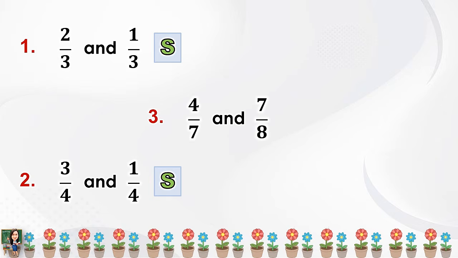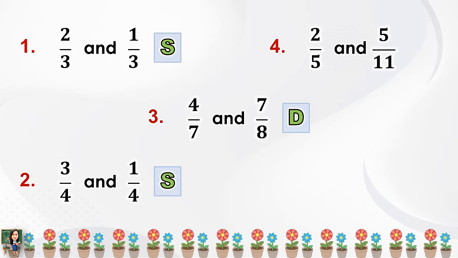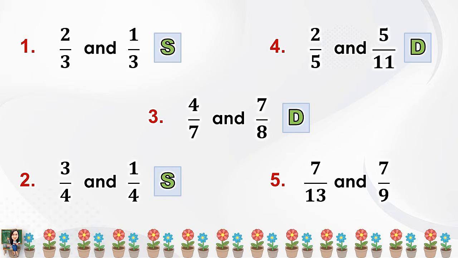The correct answer is D. They are dissimilar fractions. Number 4. 2/5 and 5/11. Are they similar or dissimilar fractions? Very good. The answer is D. Dissimilar fractions.